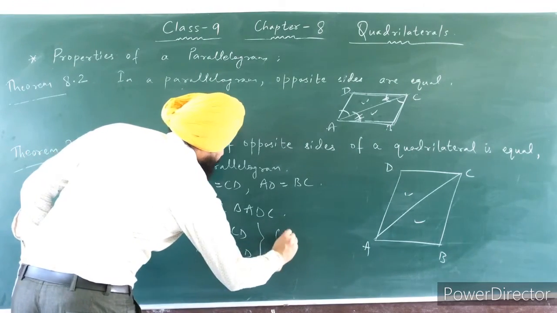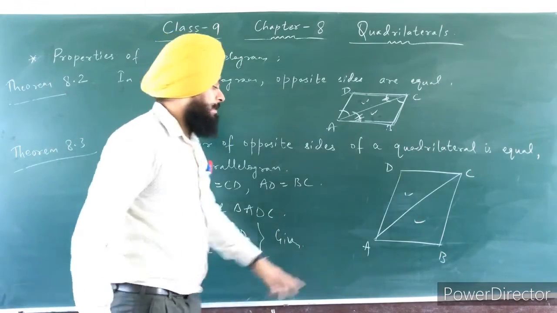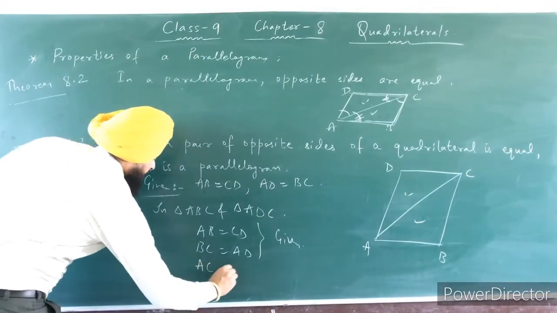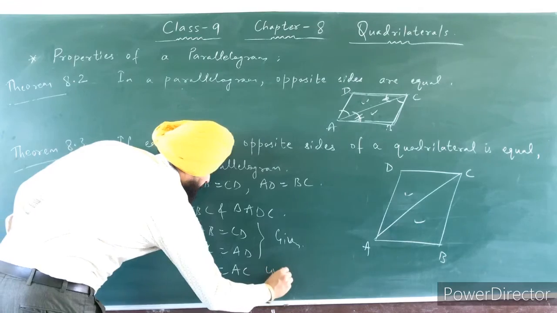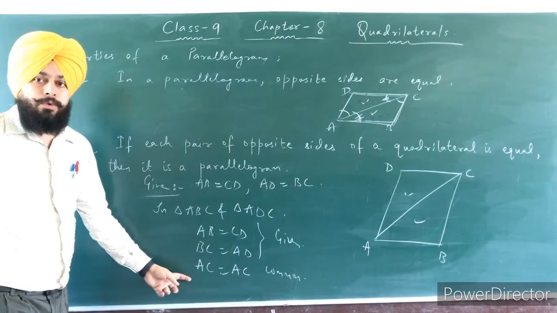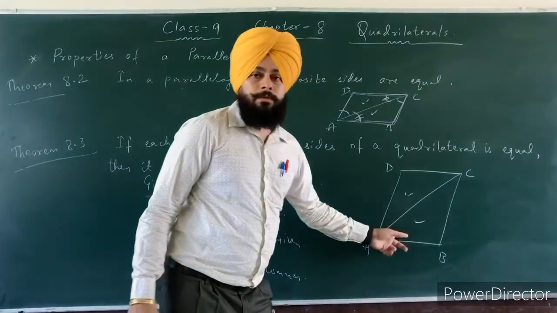Reason is given. And the next is AC is common in both of these two triangles. Now by SSS congruence rule, both of these two triangles are what? Congruent.